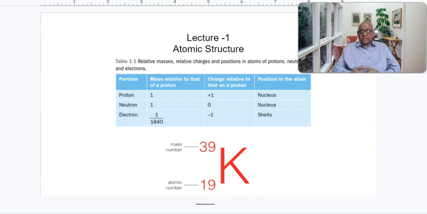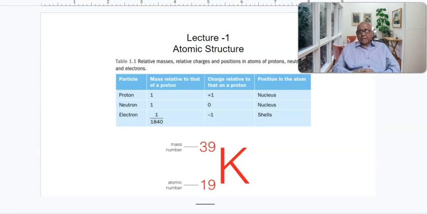If we go for charge, we said proton is positively charged, neutron has got no charge, and electron is negatively charged. And then the positions: proton and neutron are in the nucleus of the atom, electrons are in different shells of the atom.